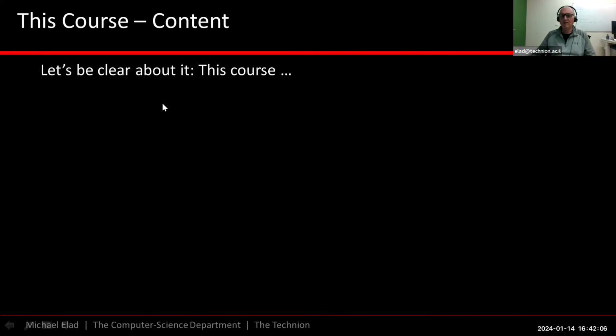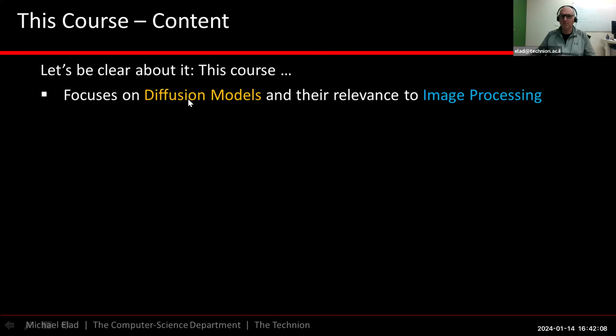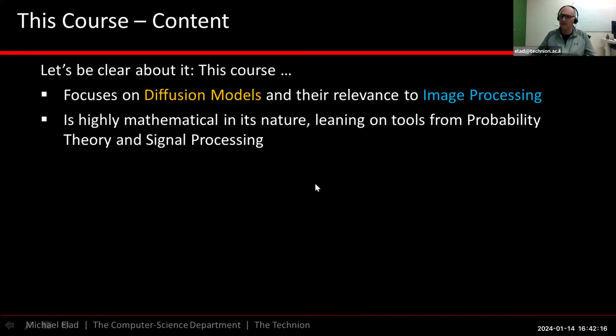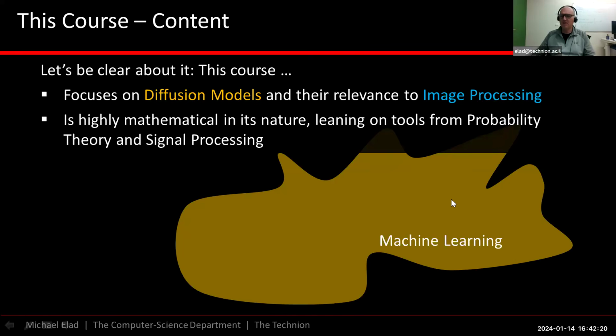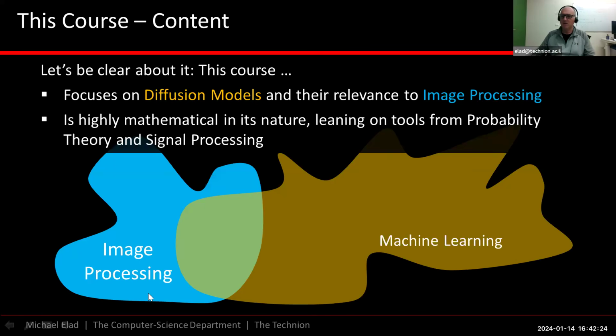So let's be clear about this course. This course is the intersection between diffusion models and image processing. This is how I'm going to build this course. And this course is highly mathematical in nature. You will see it happening even today. If this is the general field of machine learning, and if this is the general field of image processing, and there is an overlap, and the overlap is growing and growing and growing up to the point where image processing becomes a subfield of machine learning.